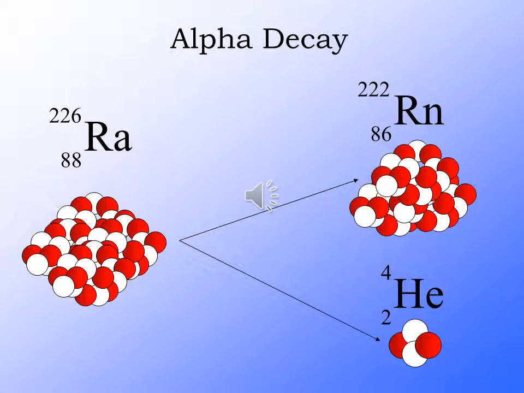For example, unstable radium with mass number 226 and atomic number 88 will lose an alpha particle, with the mass number decreasing by 4 to form 222 and the atomic number decreasing by 2 to form 86, which is a stable radon atom.